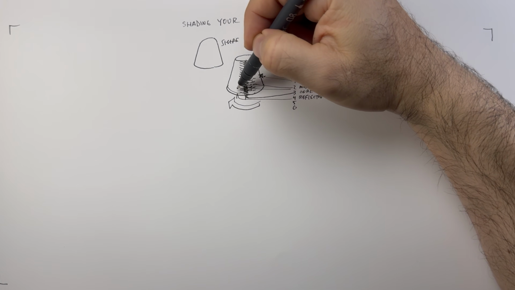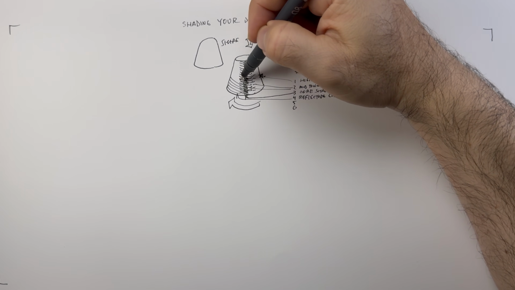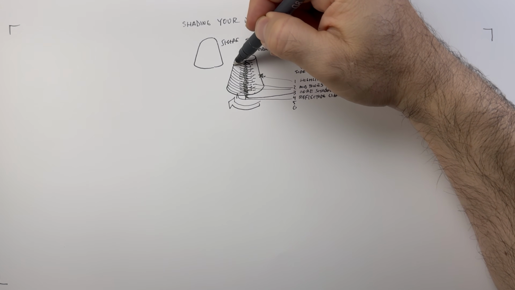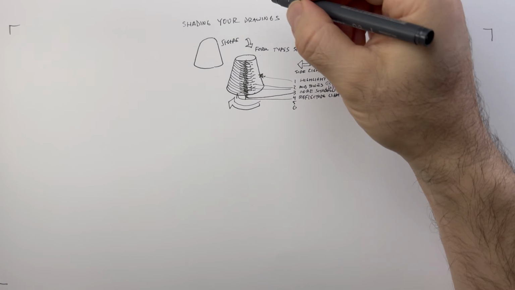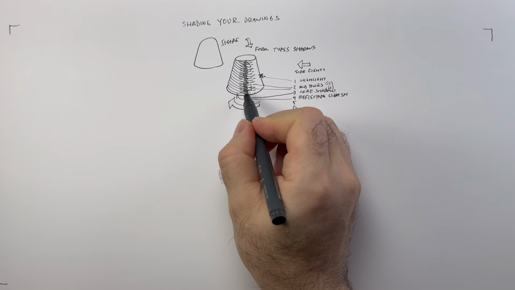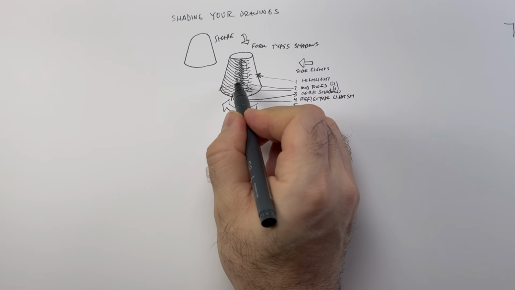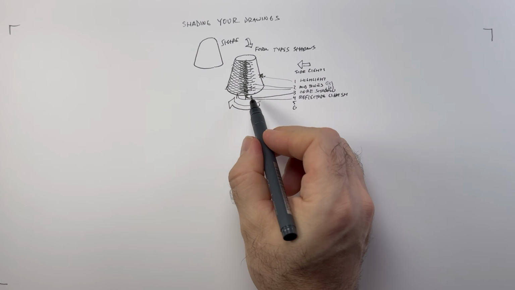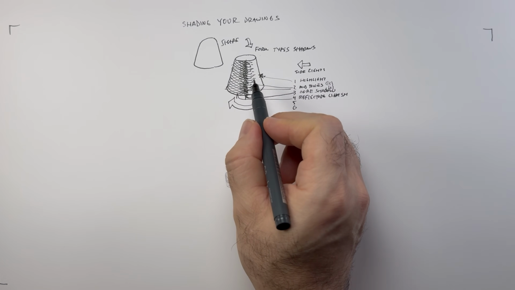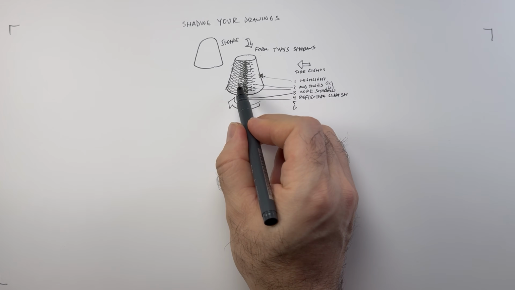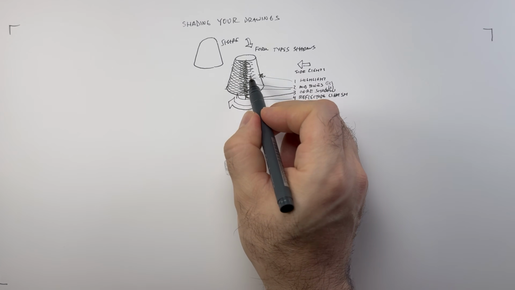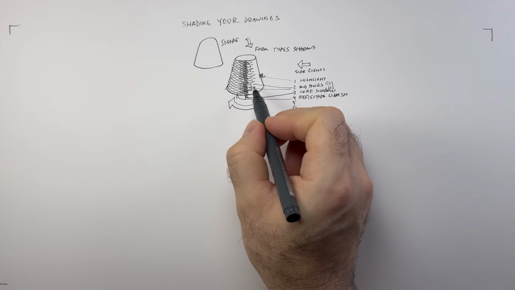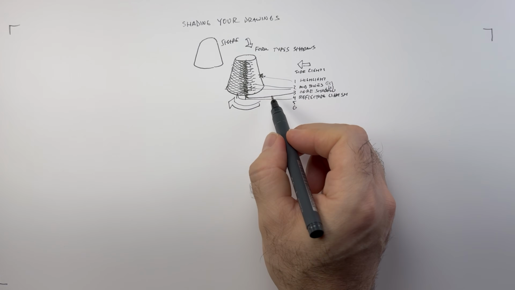So again, just very loosely describing form, because your hatching is not near as important as placing your hatch marks where they need to be. That's the most important thing, right? So we have your core shadow, midtones, B or A and B, and then we have your reflective light, right?